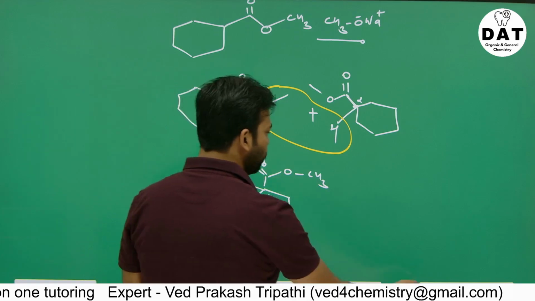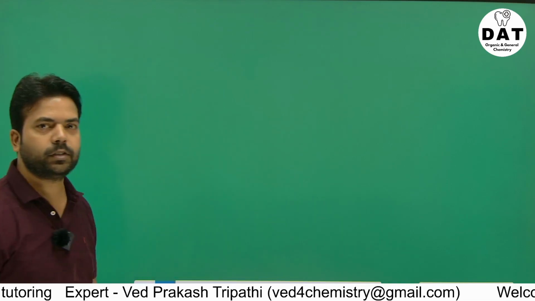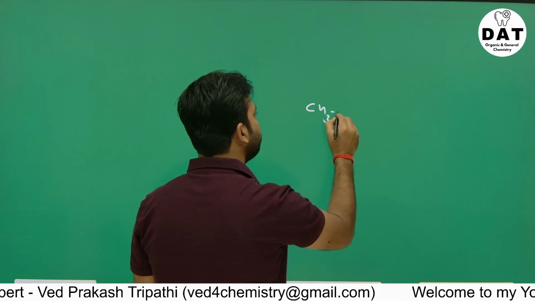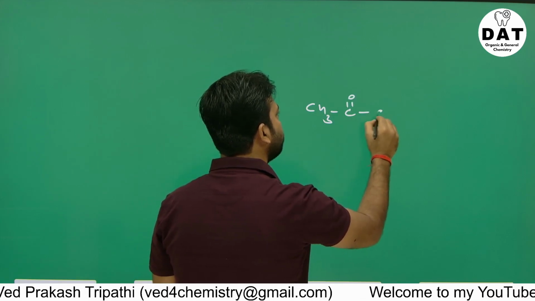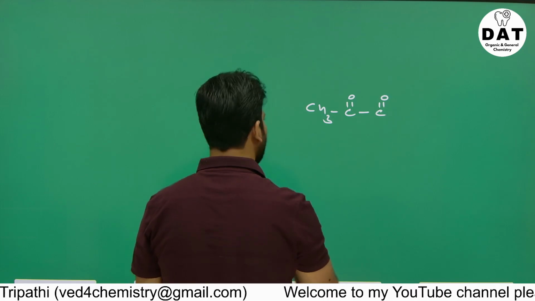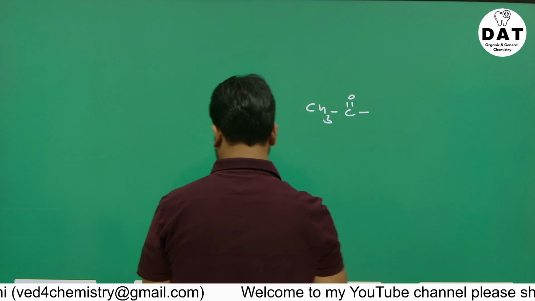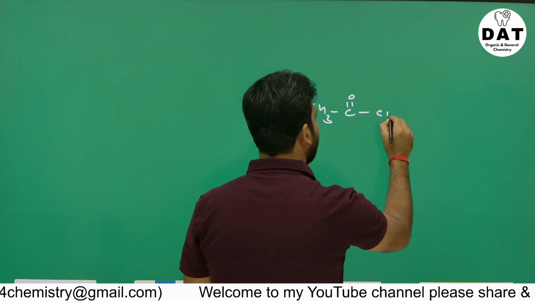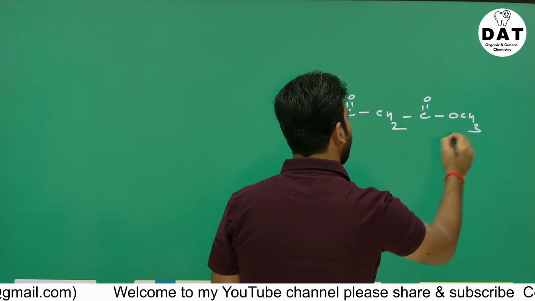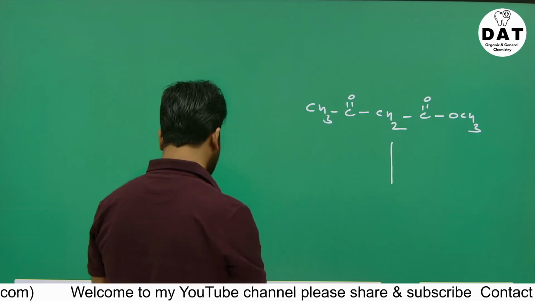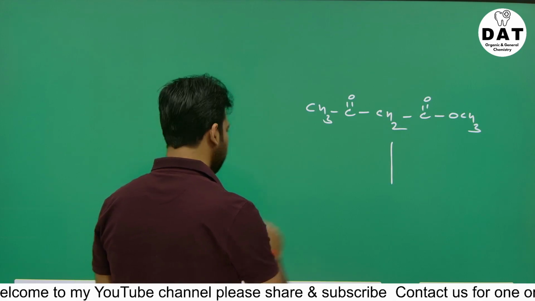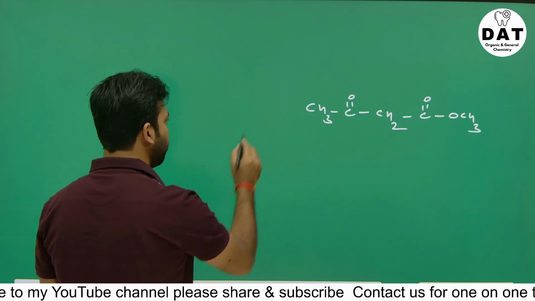Sometimes we have a retrosynthesis as well. Retrosynthesis means going from product to reactant. Suppose we have this beta ketoester. This is our product, and we have to find out the reactant molecule.